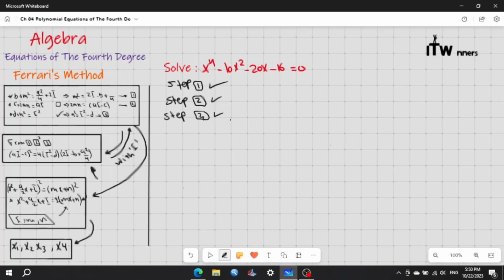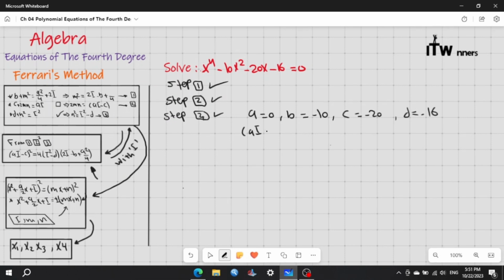So we have a equal to 0, b equal to negative 10, c equal to negative 20, and d equal to negative 60. So here we have to write this equation.